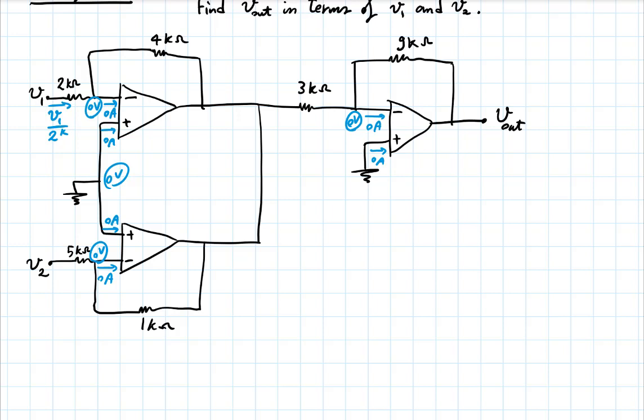And then the same current will, by KCL, go here. So that will allow you to calculate this voltage. And this voltage would be the voltage on this side, which is 0, minus 4K times V1 by 2K. So that's minus 4 by 2 times V1.